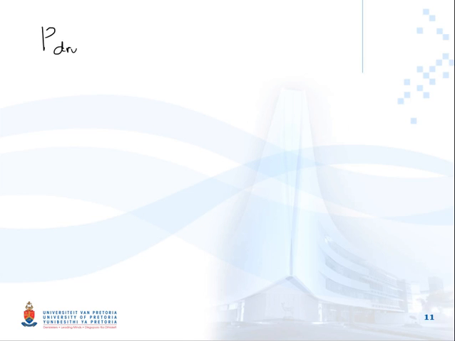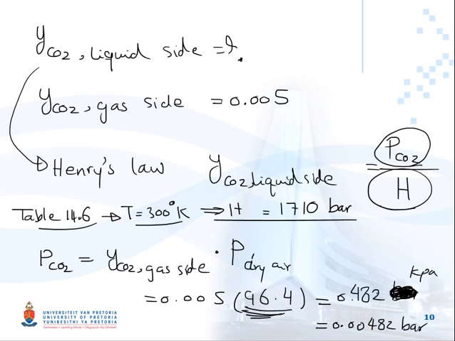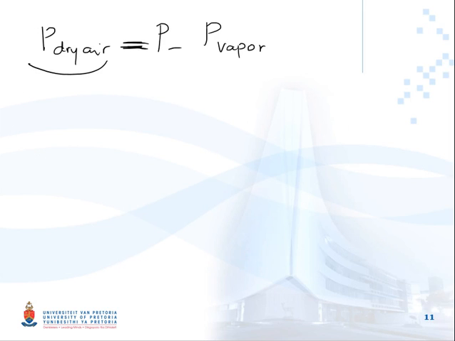P dry air is equal to P total minus P vapor. Alright? This one is this number, which here is in kilopascal, but how do we find that one? P is mentioned in the question. Let me go back and show it to you.